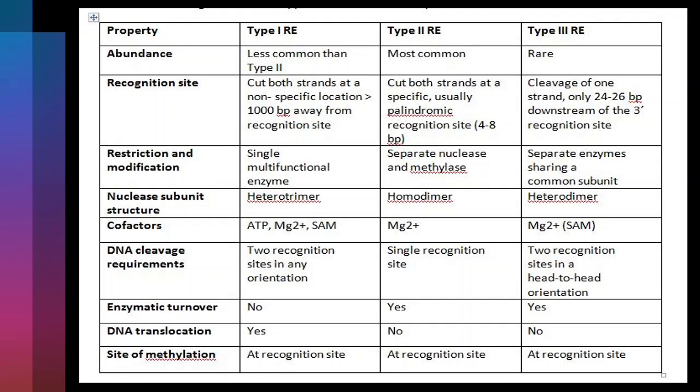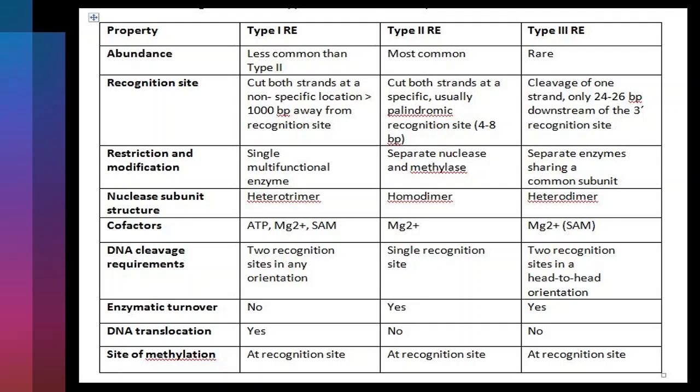And coming to the type 3 restriction enzymes, these are very rare among the three, and they cleave one strand only, 24 to 26 base pairs downstream of the 3' recognition site. Restriction and modification are by separate enzymes sharing a common subunit.